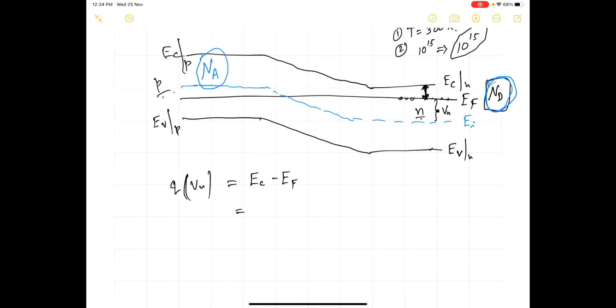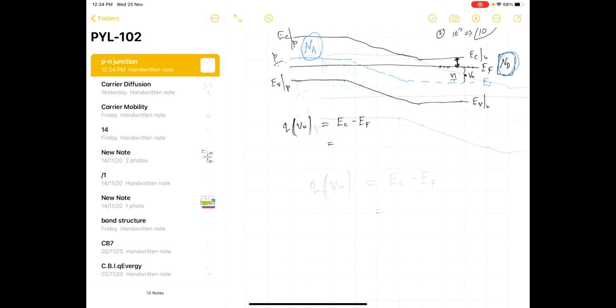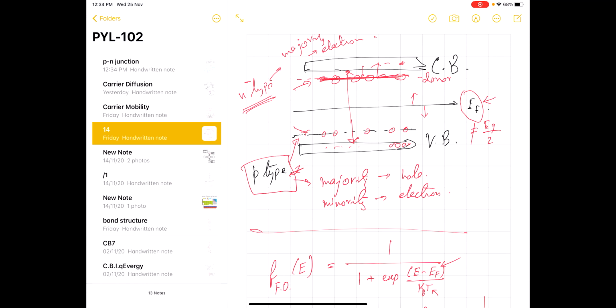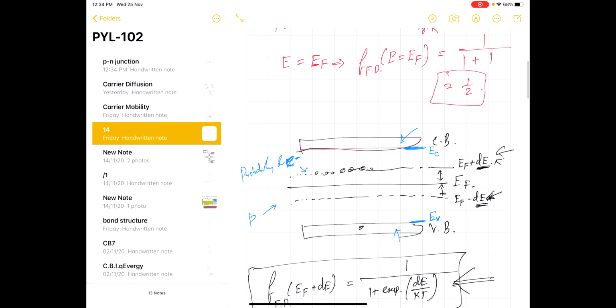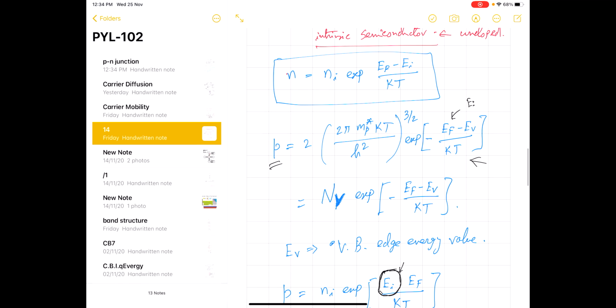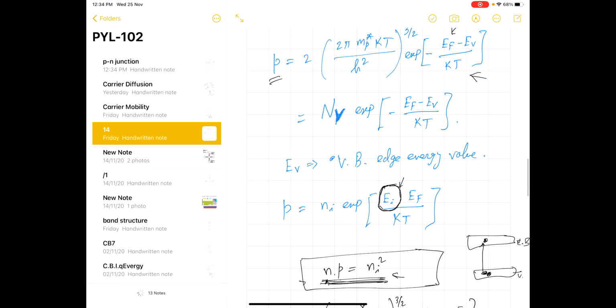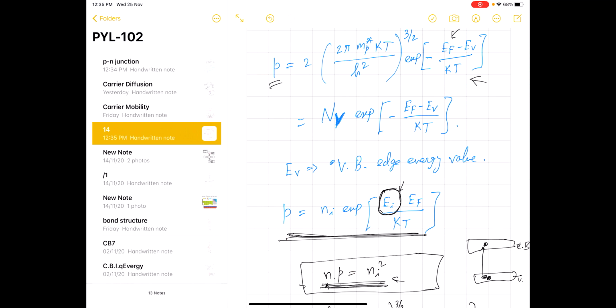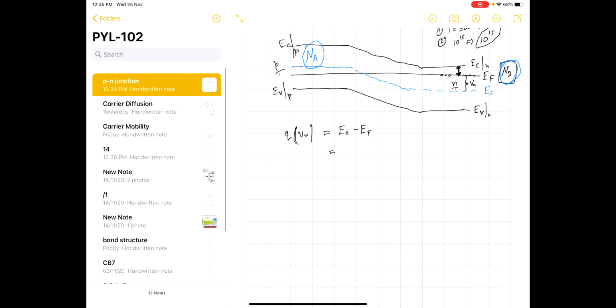If you recall my previous lecture, I explained it there. Yes, you see this expression. This is for the p type extrinsic semiconductor. Oh, sorry, PN junction.